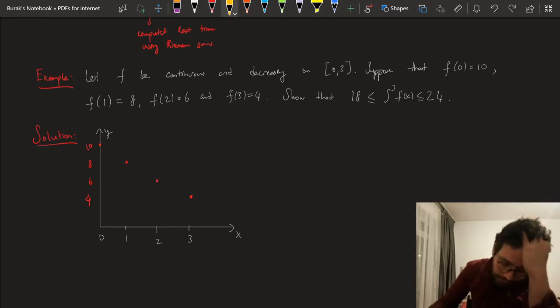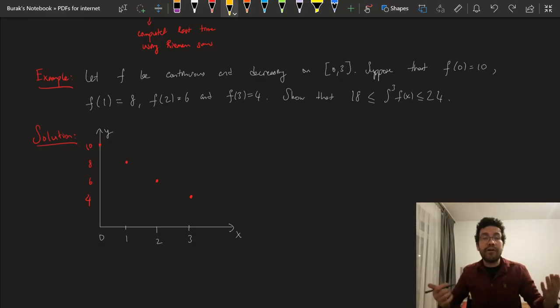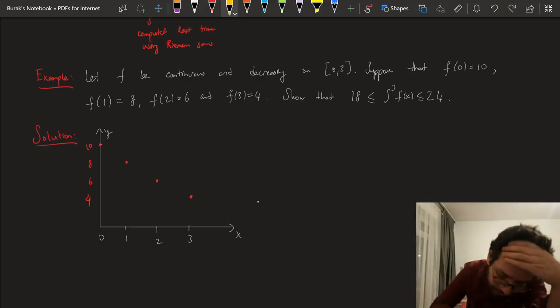So let's say that I can't choose my function, but pretend I can choose my function. I want to have a definite integral which is as large as possible over this interval. What would I do? I would choose my function like this. It goes like that, and then it decreases like this. It goes like this, it decreases like that.